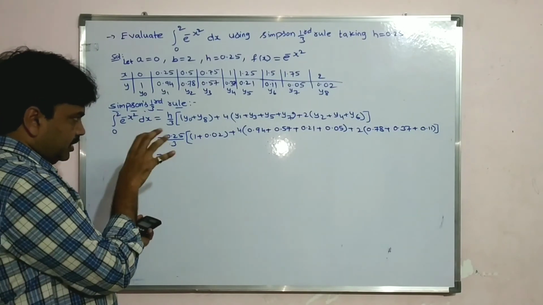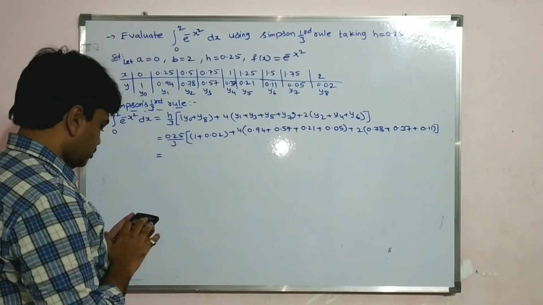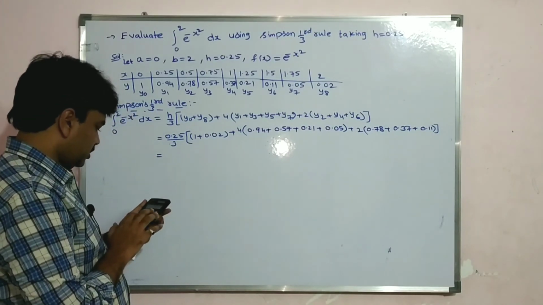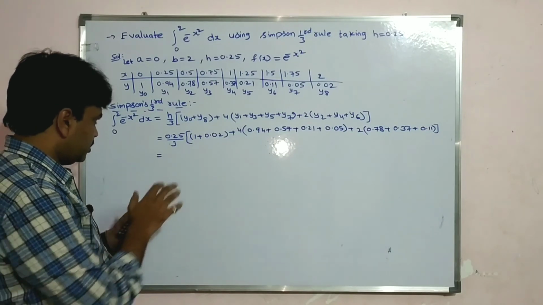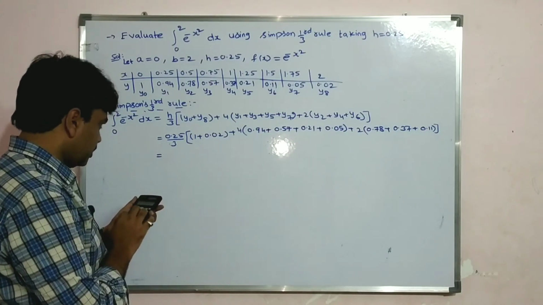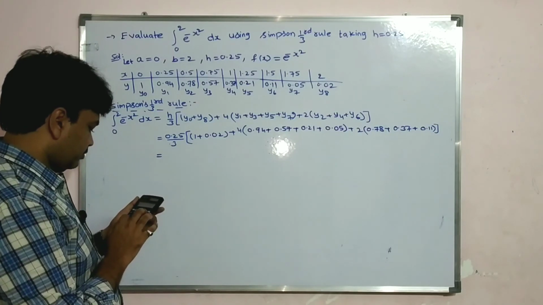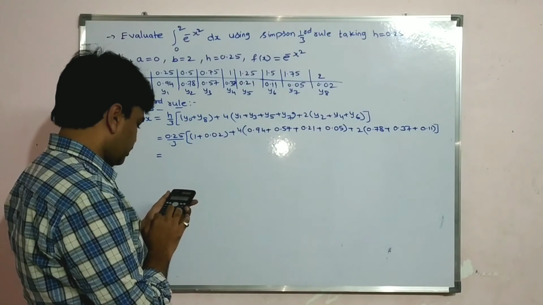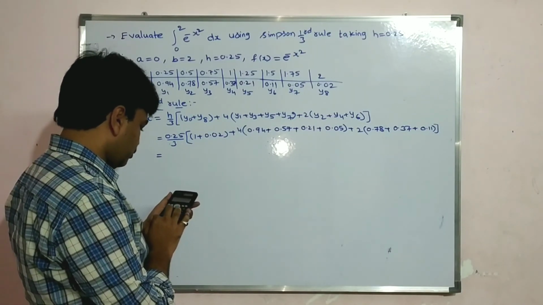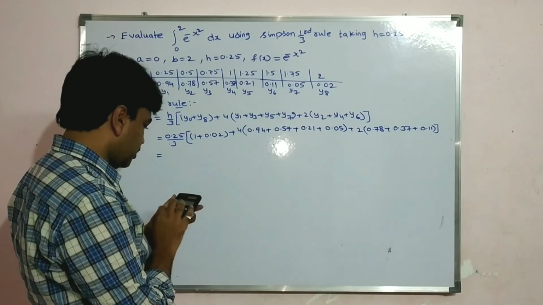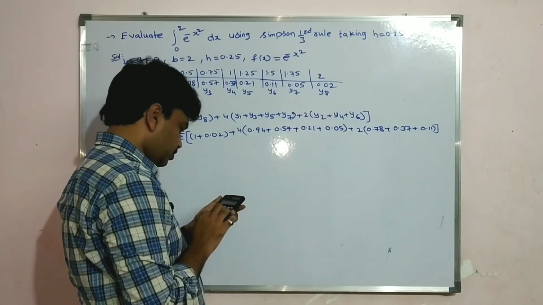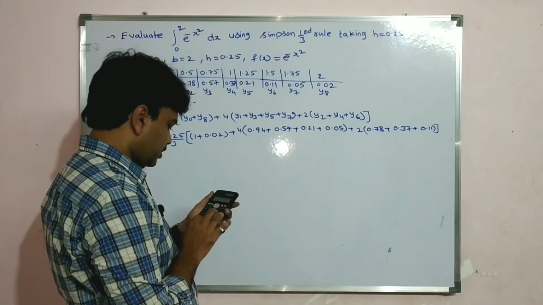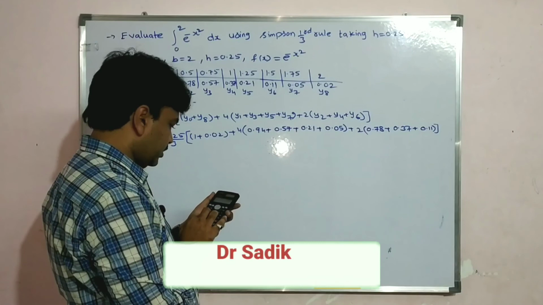You calculate the entire value at a time in the calculator, students. So bracket 0.25 by 3, bracket close, again bracket, this value is 1.02 plus 4 into bracket 0.94 plus 0.57 plus 0.21 plus 0.05, bracket close, plus 2 into bracket 0.78 plus 0.37 plus 0.11, bracket close.